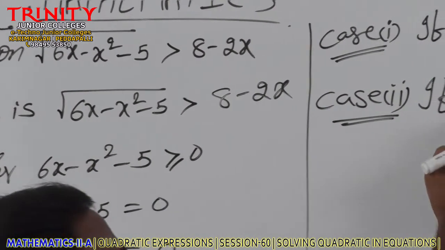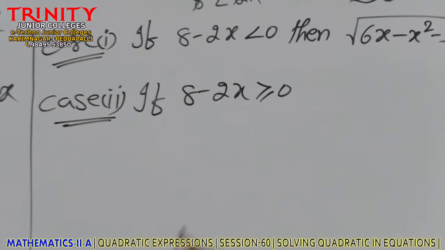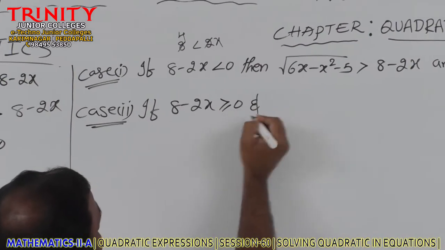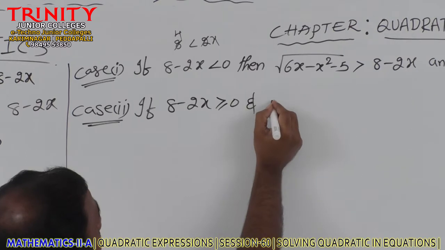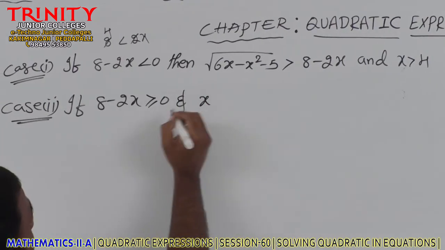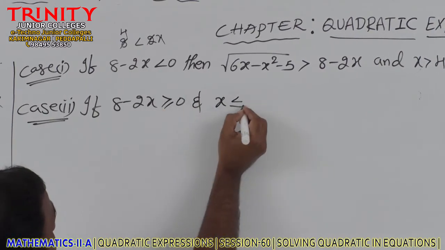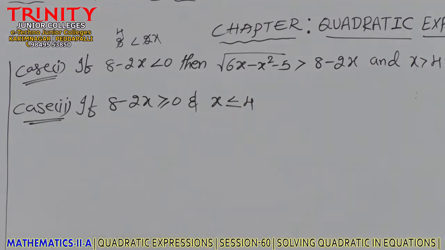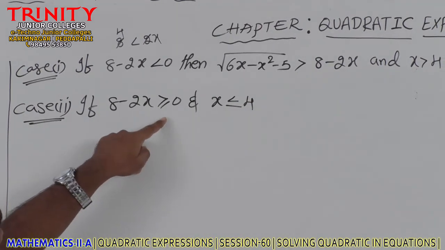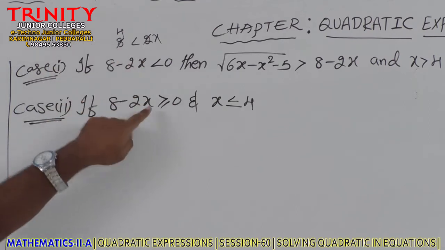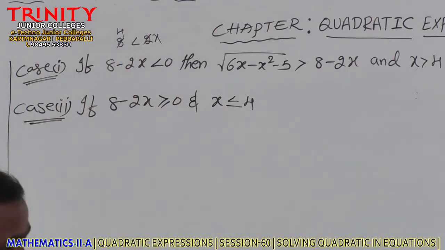Therefore, the second case says 8 − 2x ≥ 0, so 4 ≥ x, then x ≤ 4.